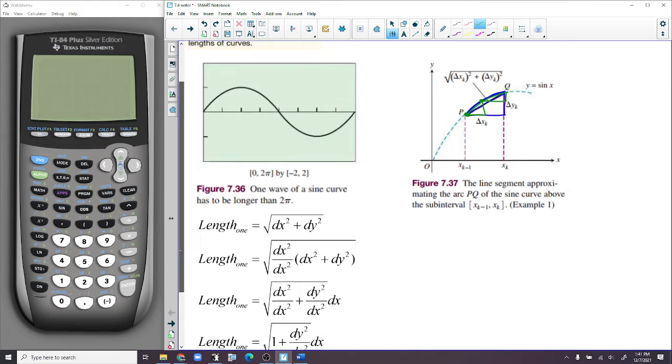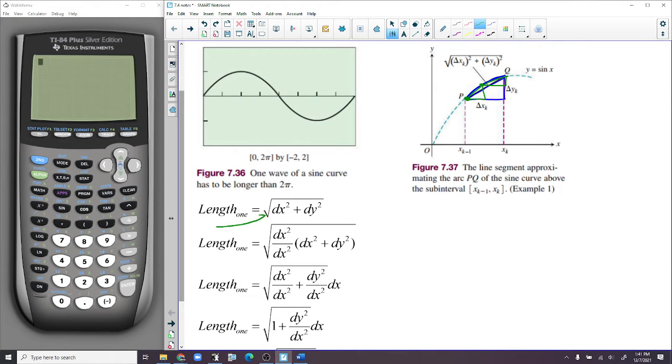So that's the concept. Now, the length of one hypotenuse would be the Pythagorean theorem. It'd be the square root of the change in x squared plus the change in y squared, because you have this right triangle. Well, we do a little bit of algebraic gymnastics after that. We multiply by dx squared underneath, which is like multiplying times 1.